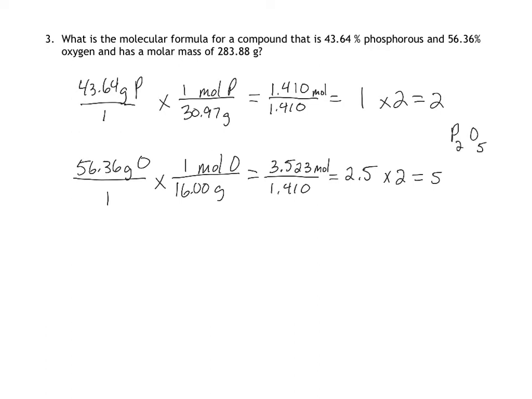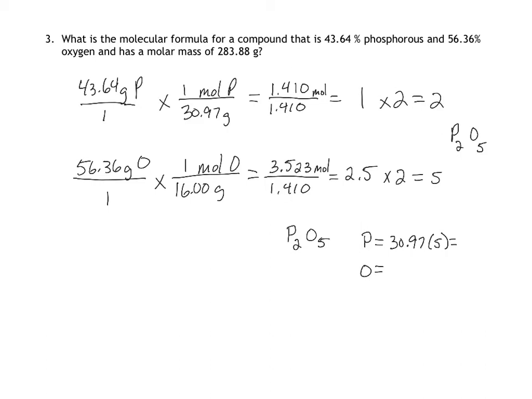for my empirical formula. The next step is I need to find out what is the weight of P2O5. Phosphorus, the weight of phosphorus, we've already figured out, is 30.97, but I'm going to have 5 of them.